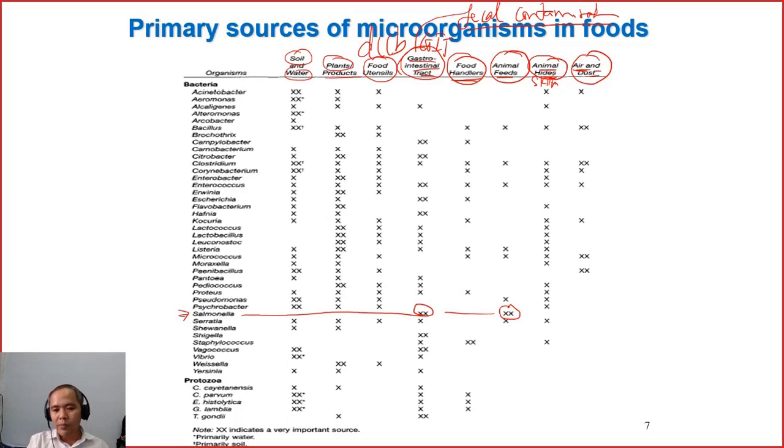People use byproducts from slaughter, like the stomach, the head or the intestine of animals, to make animal feed. For example, they use the byproduct of cattle to make feed for pigs. And because the byproduct from slaughter is contaminated with gastrointestinal tract content, it will carry Salmonella.